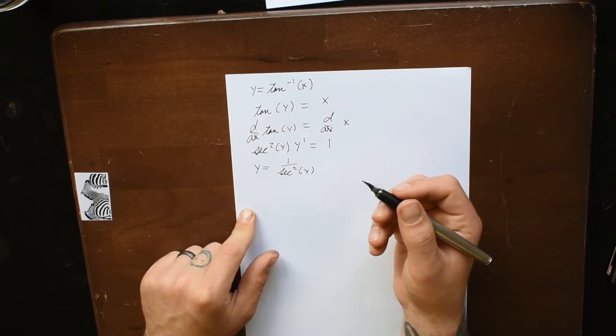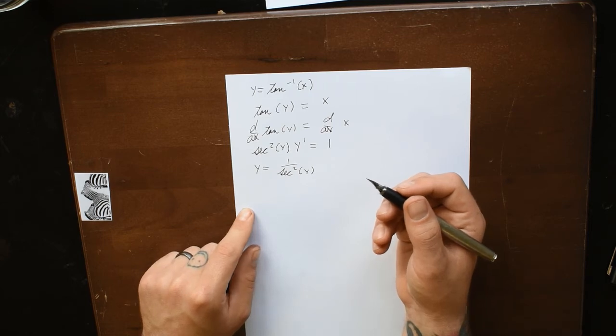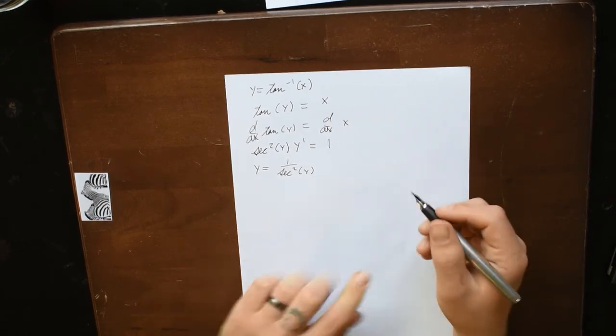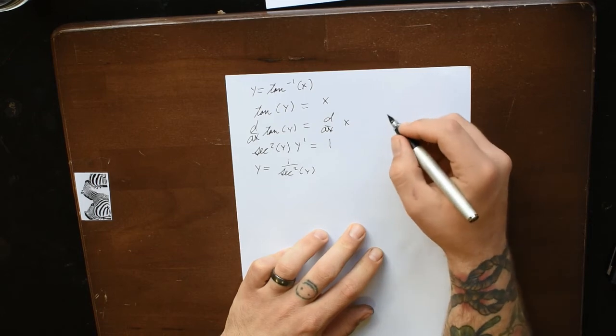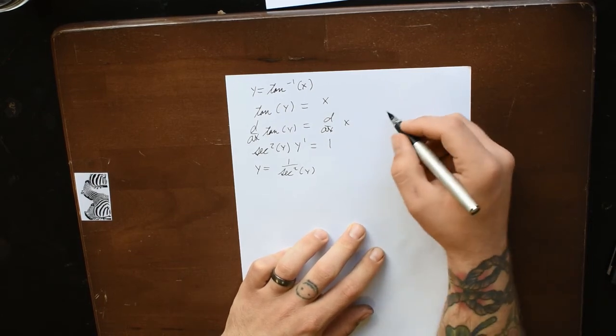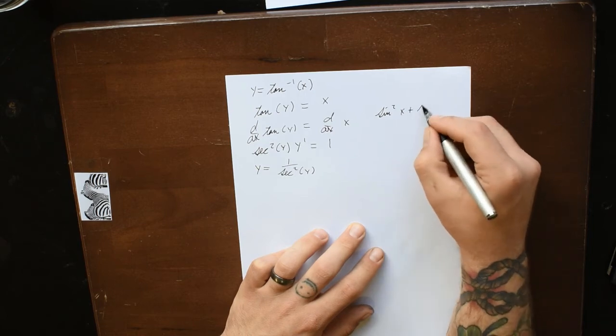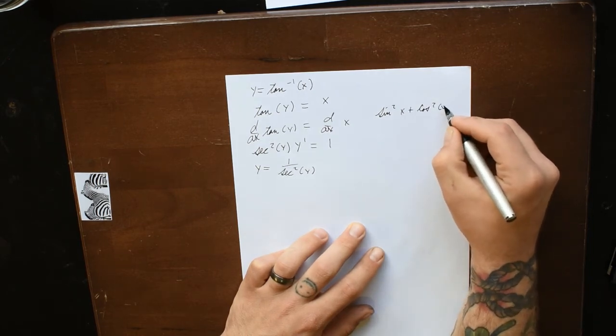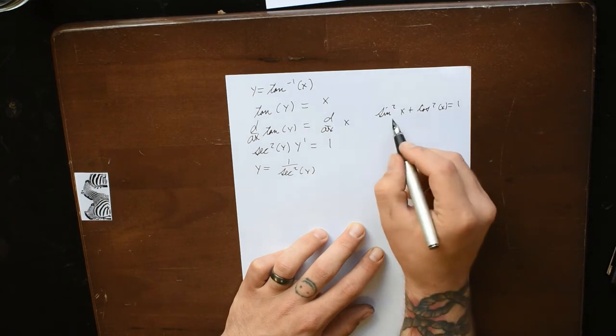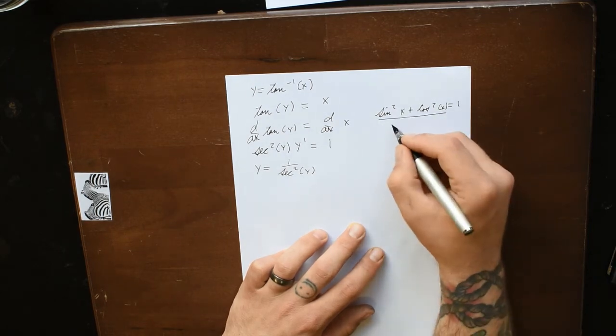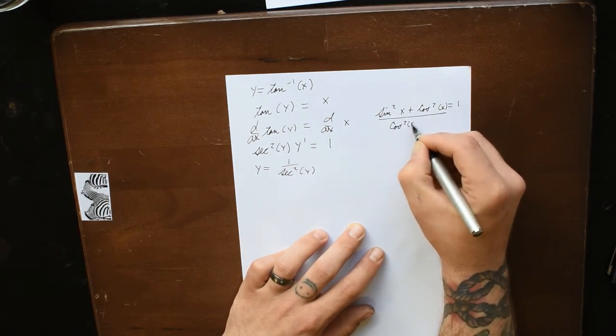Oh, and I'm just seeing what direction the book goes with it. We can do that. So, we know that, and now we'll have to do some trig, that if the sine squared of an x plus the cosine squared of an x is equal to 1, we can divide both sides of this equation by a cosine squared of an x.